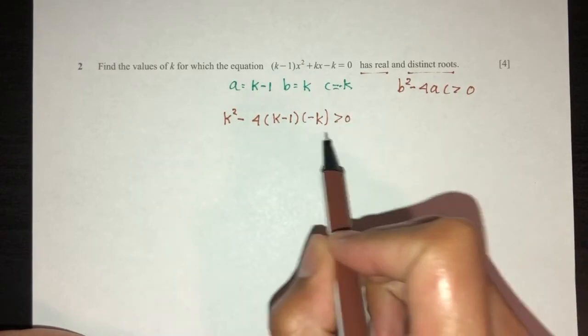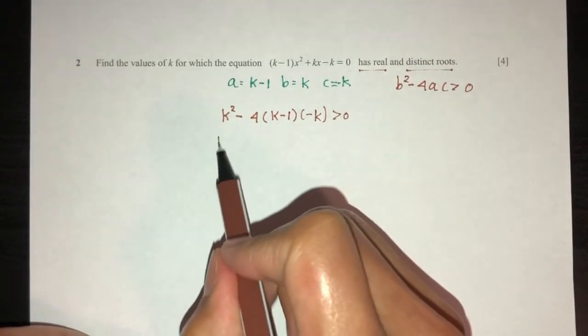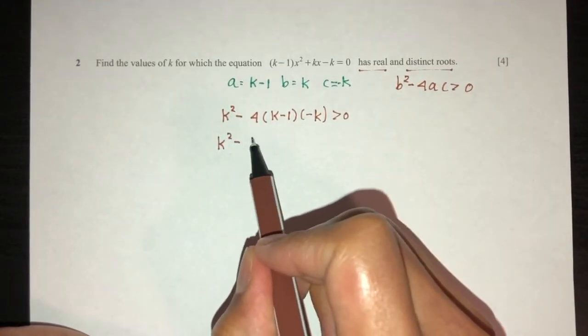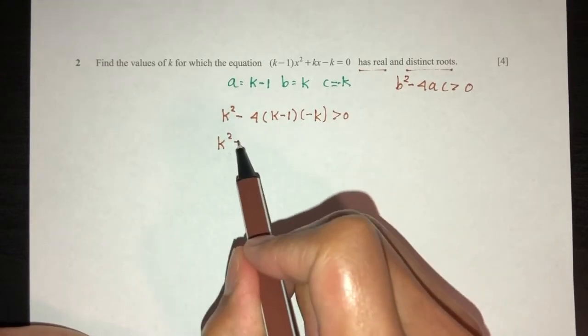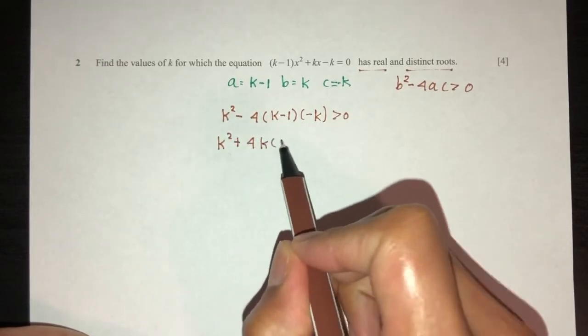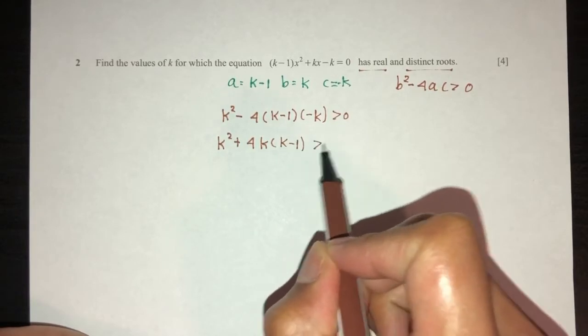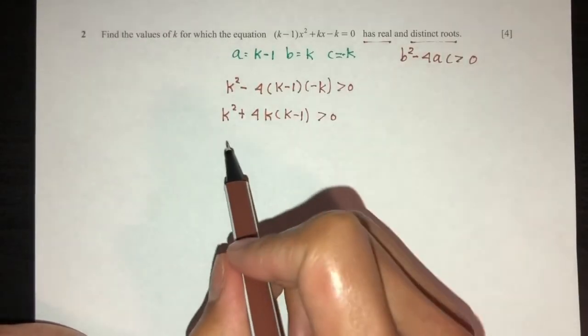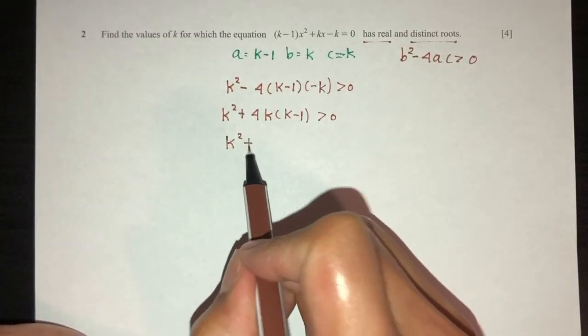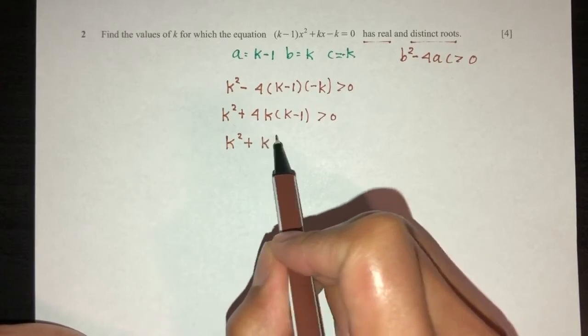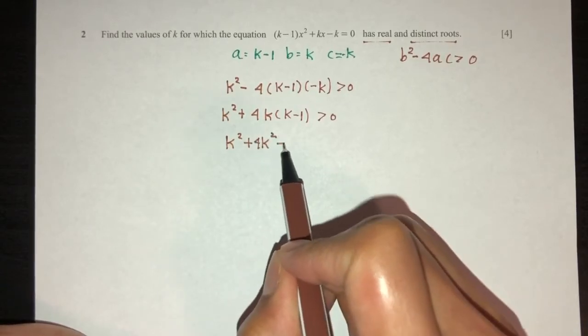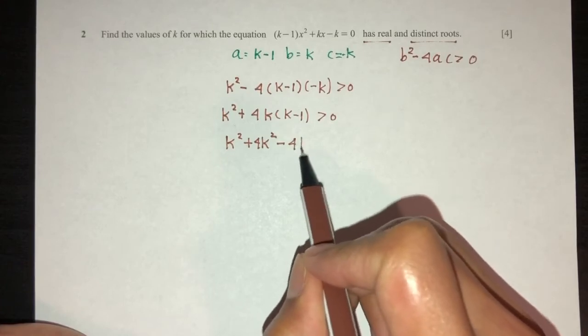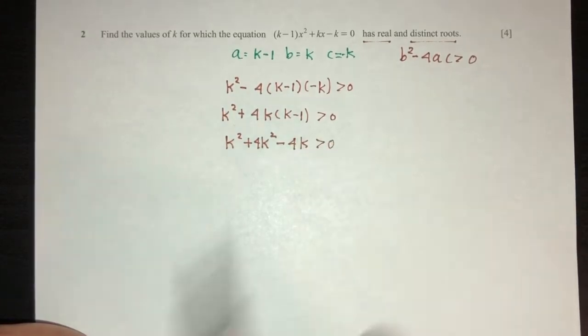So we have to simplify. You will have k squared, and here you will have minus, that will be plus 4k times k minus 1 more than 0. Simplify: k squared plus 4k squared minus 4k is more than 0.